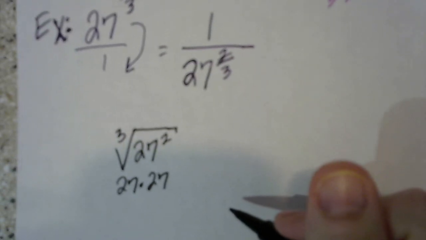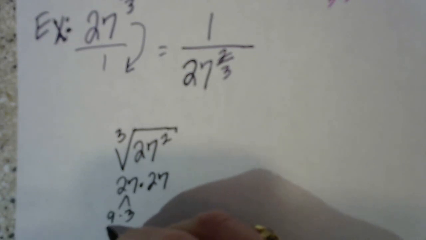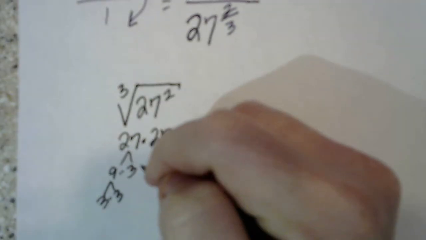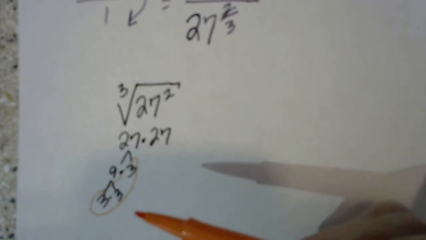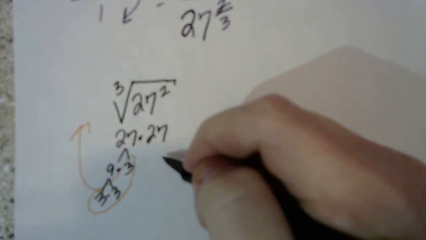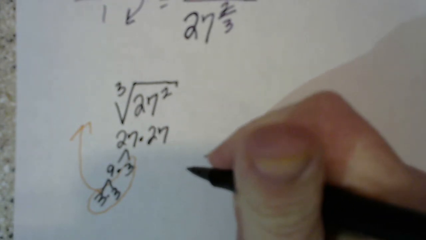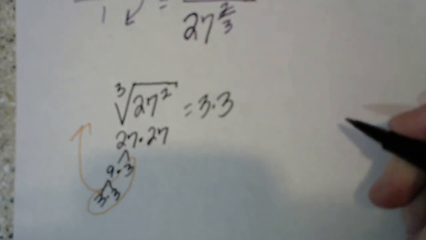Break that down. I know that 9 times 3 is 27. So that's going to give me my 3 3s right here that will come outside. This one will produce the same thing. So it's looking to me like it's going to be 3 times 3, which is 9.